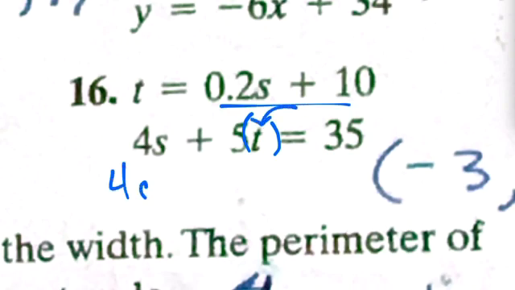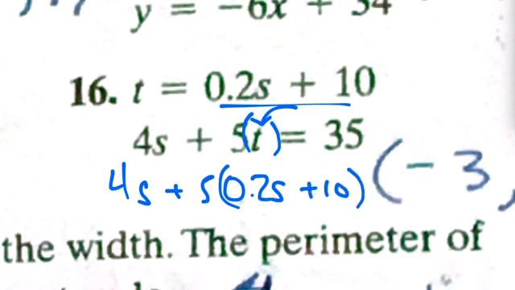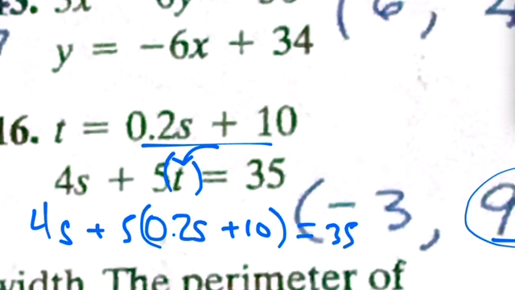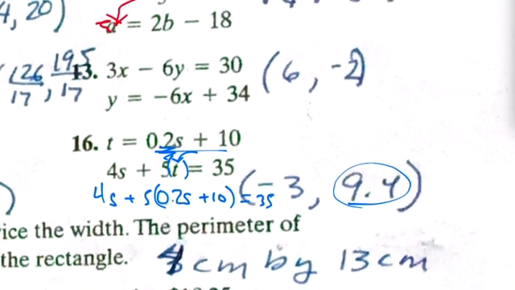So 4s plus 5 parentheses 10 there equals 35, and then solve that. Notice they didn't leave it as a fraction because you start out with a decimal, so they want a decimal answer.